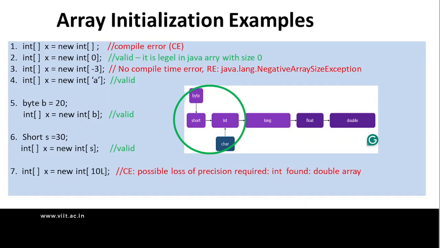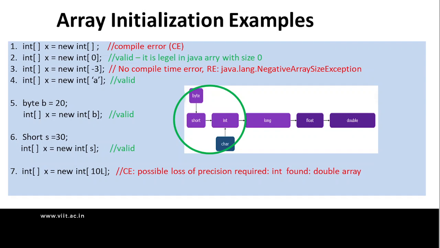Array initialization, for example: these are various ways to have array initialization. Some are correct, some are wrong. Very first, int x equal to new int, is just a compilation error here, so this is wrong. int x equal to new int 0 is valid, but a size 0 array is of no use, because in 0 elements we cannot insert any element.